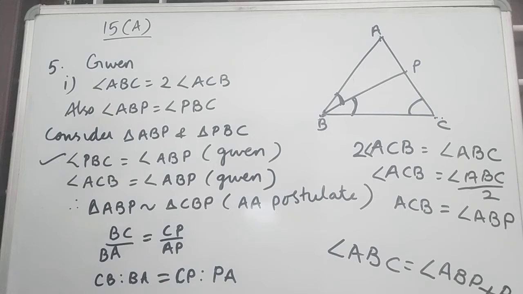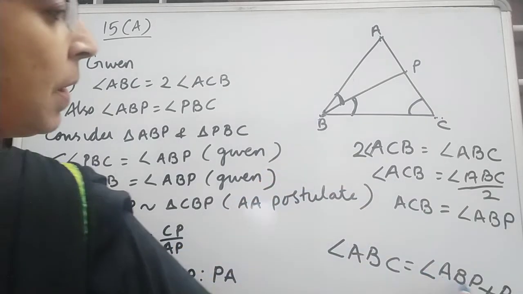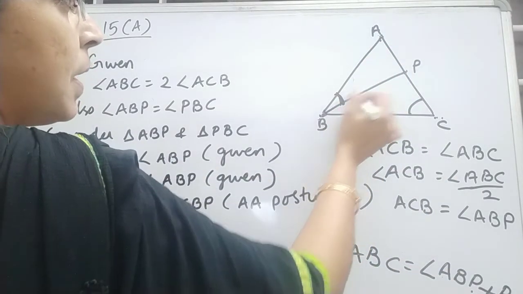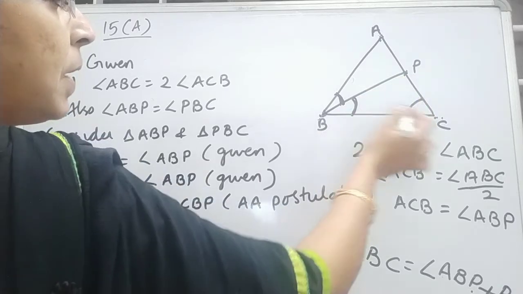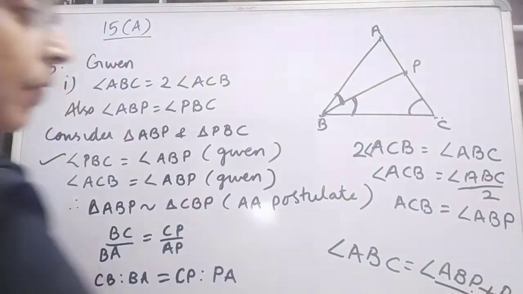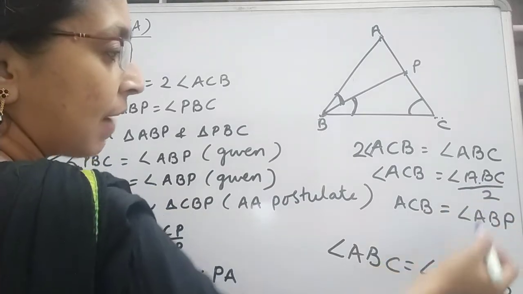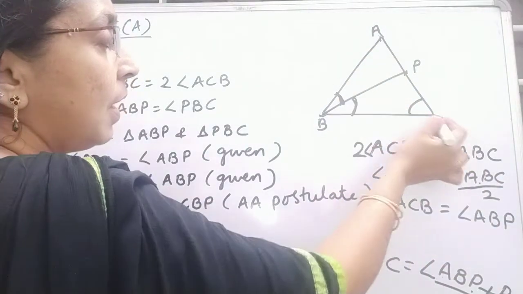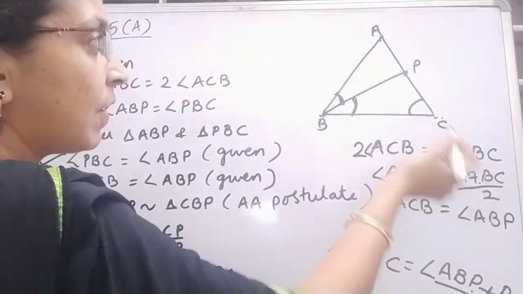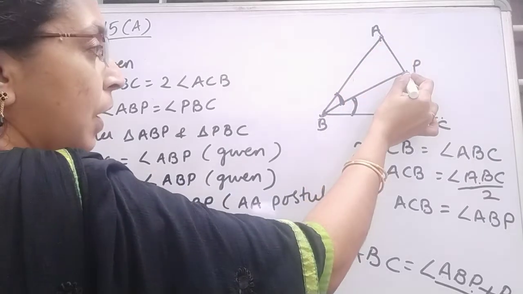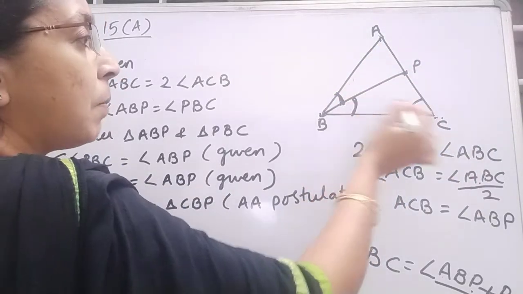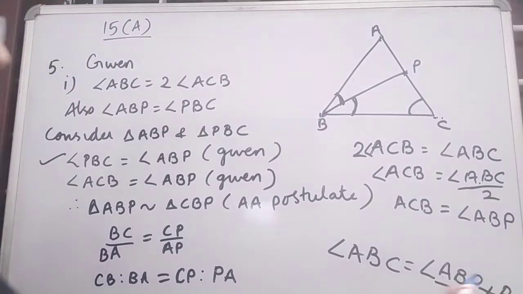Clear? So ABP and PBC both are the same, both values are same. So ABC by 2 means ABC total divided by 2, either we can write ABP or we can write PBC, any one.